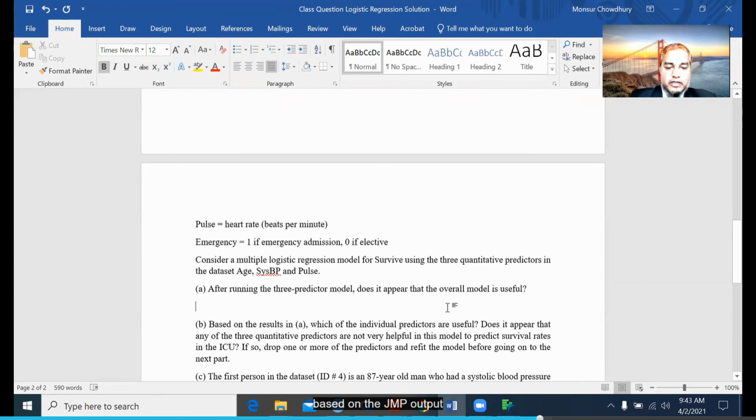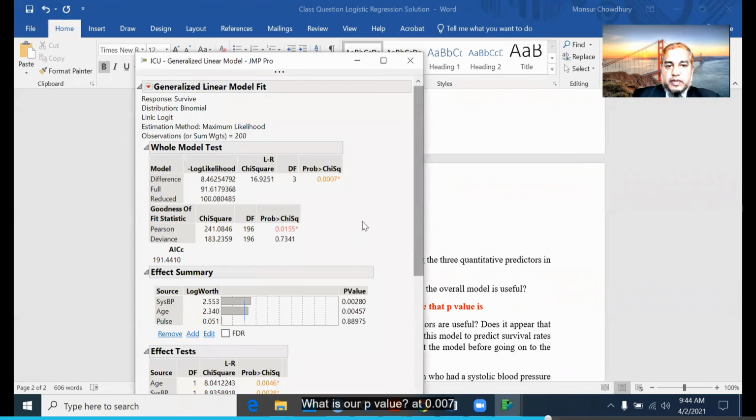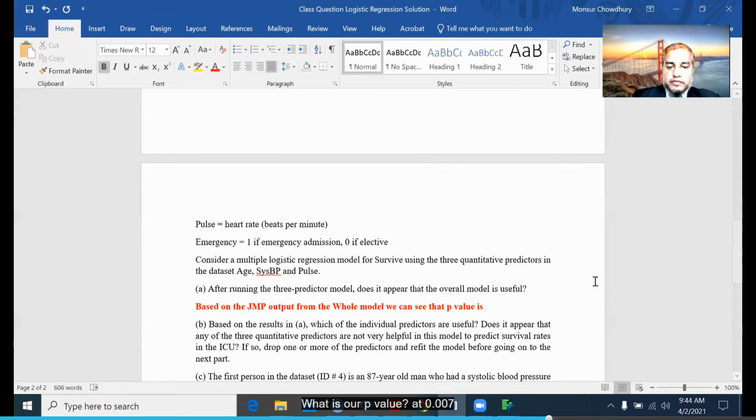So based on the JMP output, from the whole model, what is our p-value here? 0.0007.